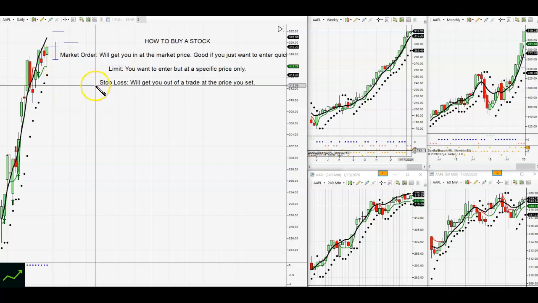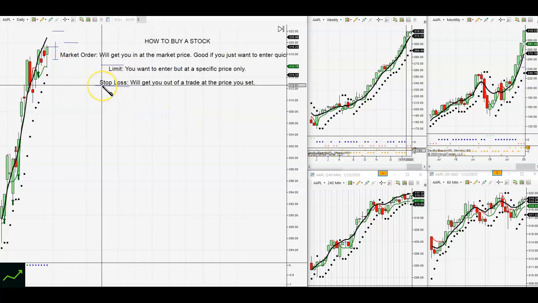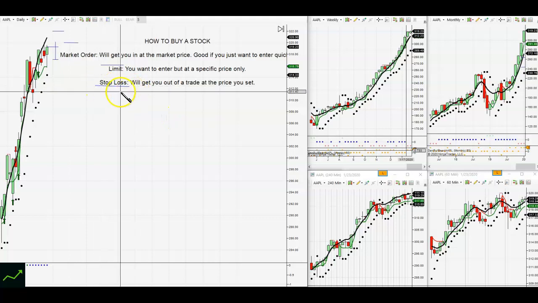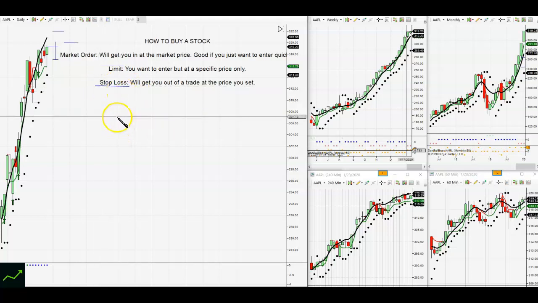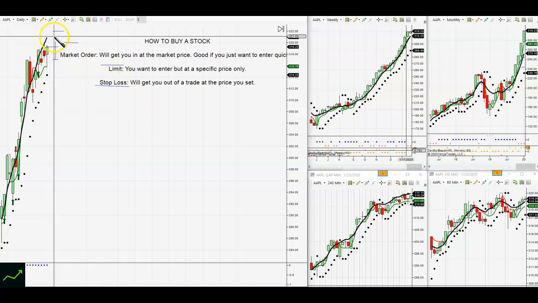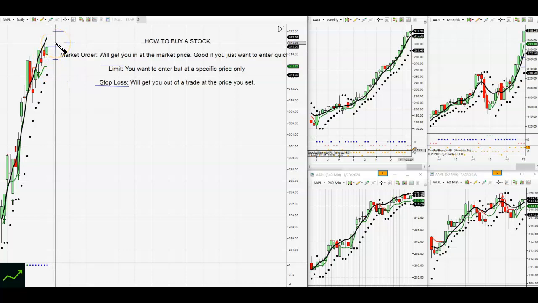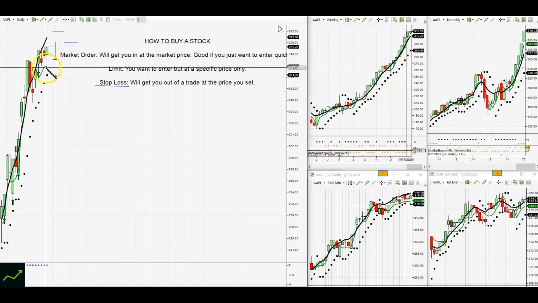A stop loss order is very, very important because a stop loss order minimizes losses. A lot of people who get into trading or investing don't use stop loss orders, and that is a big mistake because you need to be able to limit those losses if the trade goes against you. So for example, let's say we did get that position at 320 and we put a stop loss at, say, 316.